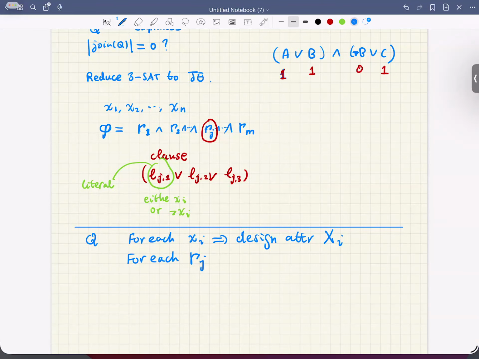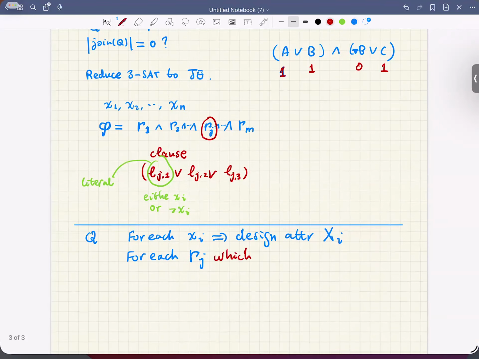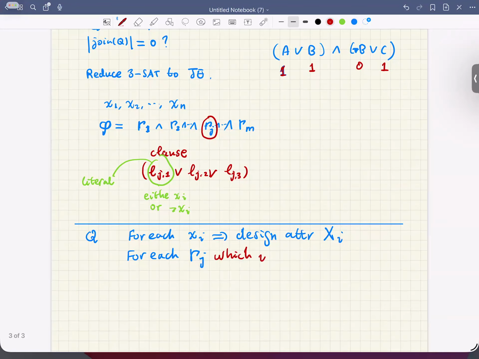So I have the right to say, let's just say that this clause uses variables, let's say xj1, xj2, and xj3.